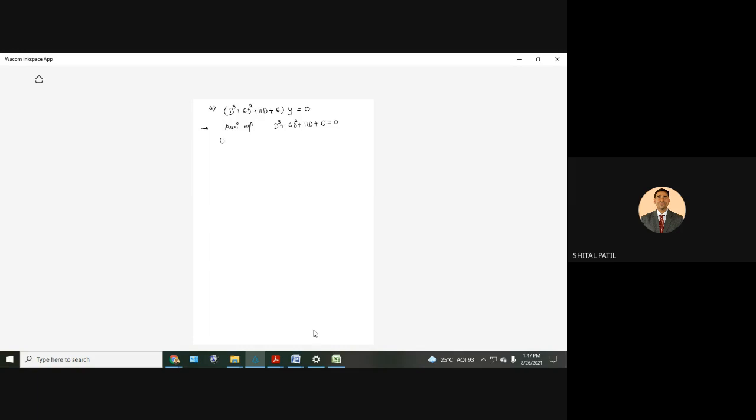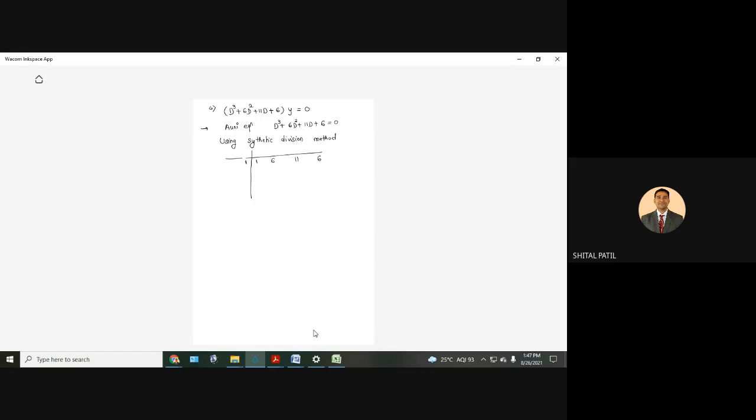We should know the names also. The condition for this method is that the coefficient of the highest degree term should be 1. Here it is d cube, and fortunately the coefficient is 1. Write the coefficients with their signs. If a minus sign is there, you have to write minus.